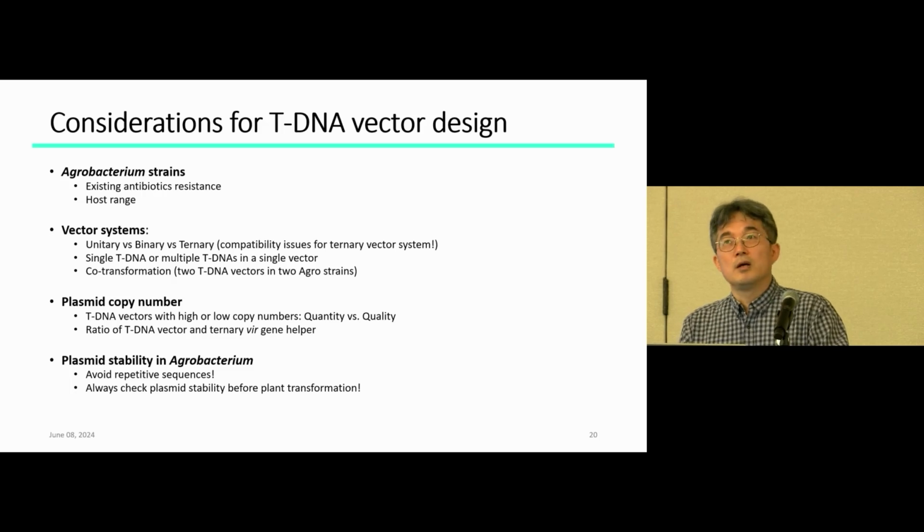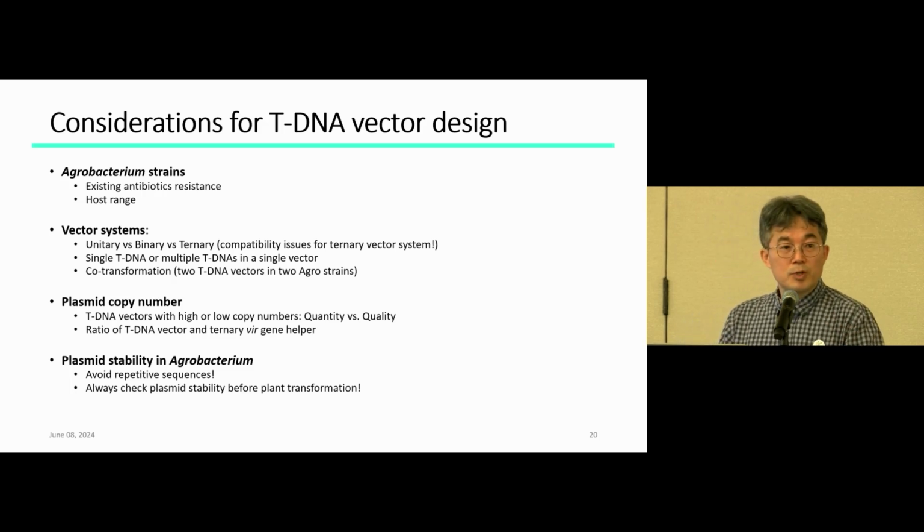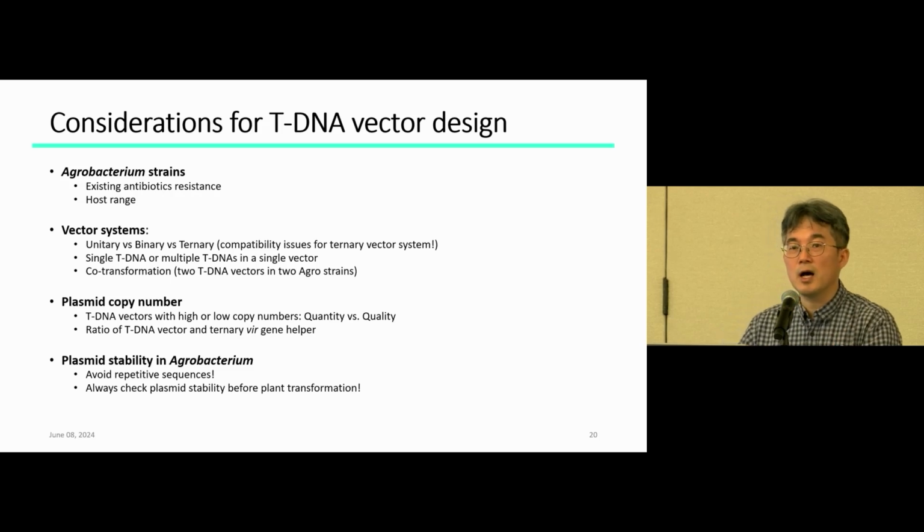Plasmid copy number is another thing. Let's say you are experiencing low transformation frequency; your goal is delivering as many T-DNA as possible, and using a ternary vector is good. You can also consider using a high copy number binary vector, which will increase the number of T-DNA, or T-strand, production in Agro. An extreme comparison is inserting the T-DNA into the chromosome, where you have only a single copy of the T-DNA region, versus a high copy number plasmid, up to about 10 copies per cell.